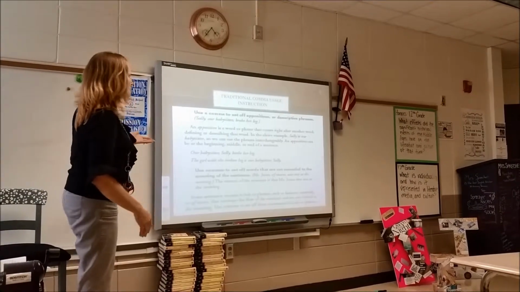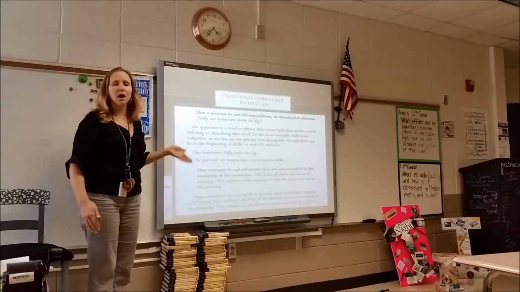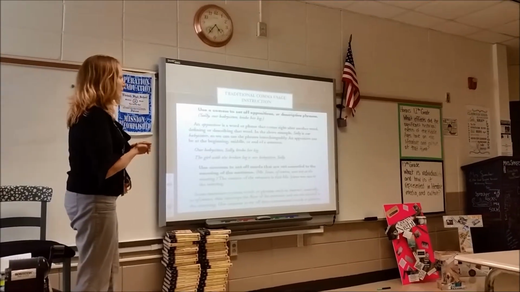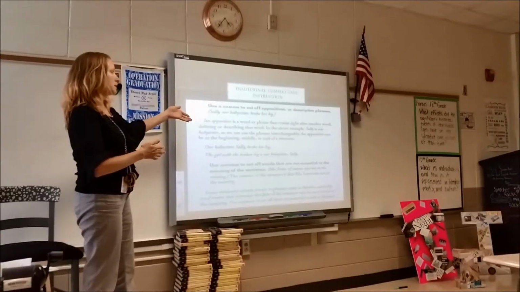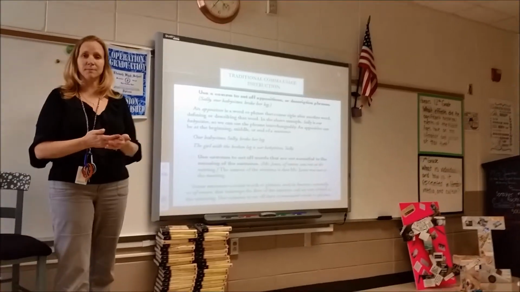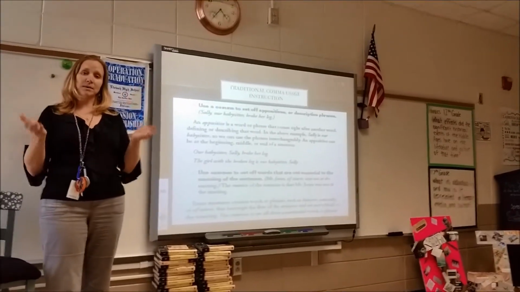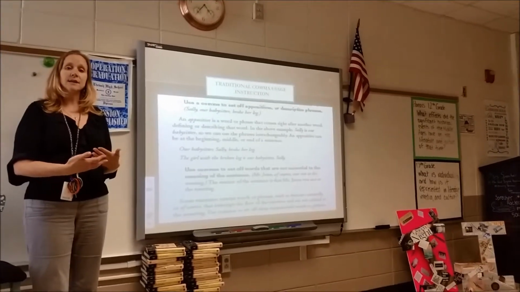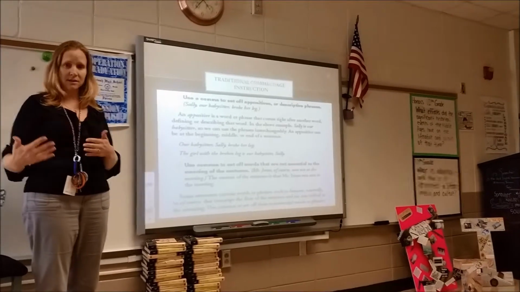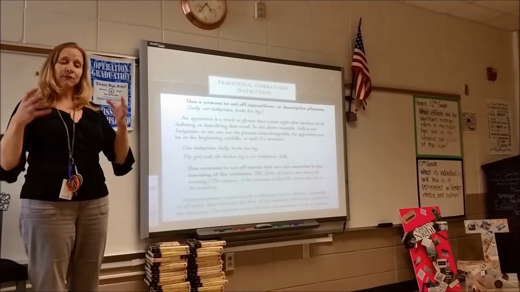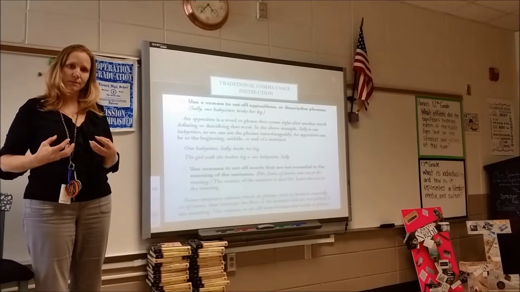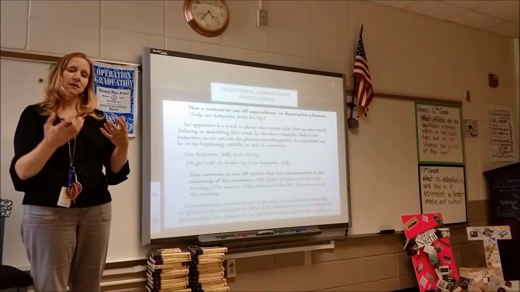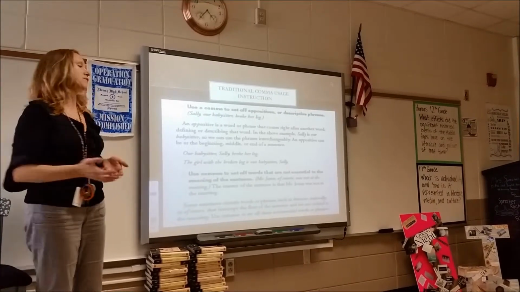So this is just a brief lesson on comma use with appositives, and I apologize if it's a little blurry, but it gives the details that a comma is used to set off an appositive or descriptive phrase, and that there are commas around it. One of the rules you teach students is that the sentence must stand and make sense if you were to remove that appositive or descriptive phrase, that it's just an enhancement and the commas serve to set off that information.